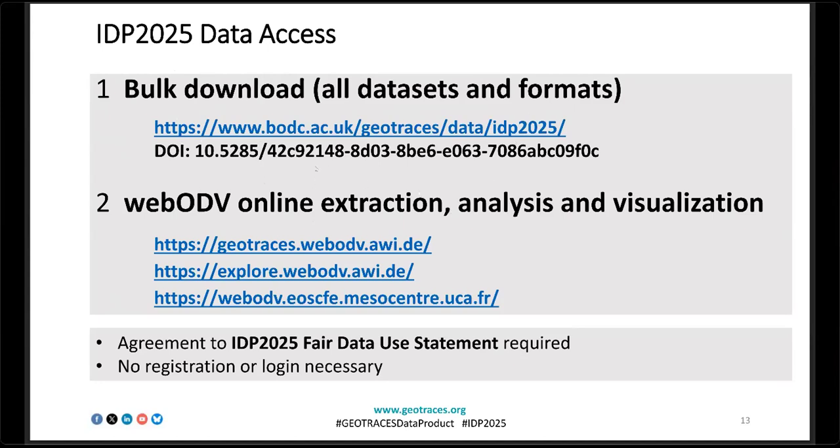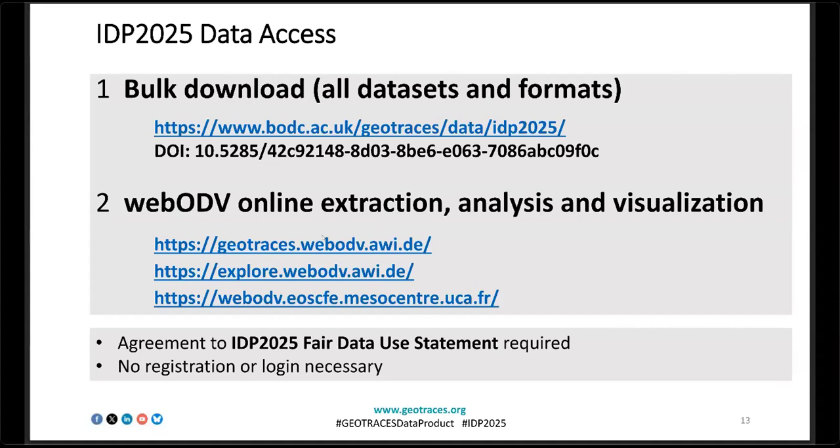As a second way of accessing that does not require any download of data or any installation of software, we are offering the IDP 2025 via the Web ODV online services. And these services include subsetting and extraction.